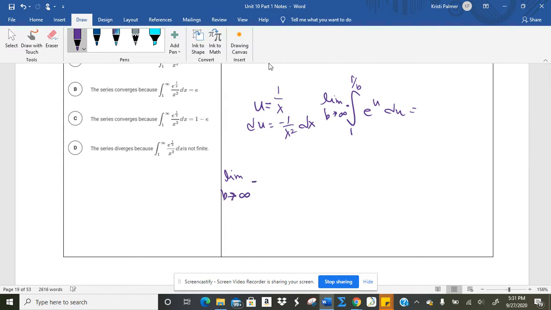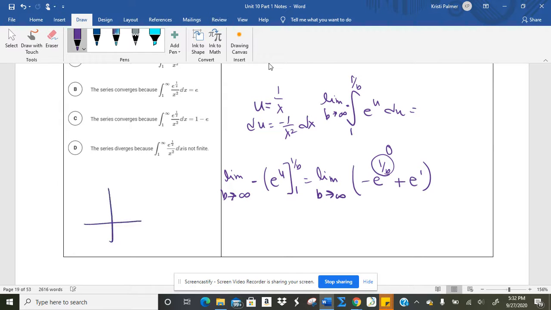We have the negation, and we can do the antiderivative. This is e to the u, and we're going to evaluate it from 1 to 1 over b. So that is negative e to the 1 over b, and then minus the negative would be plus e to the first. And as I go to infinity, this all goes to 0.